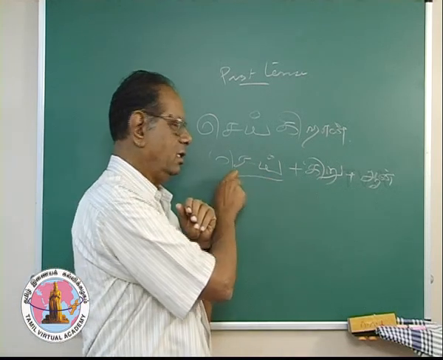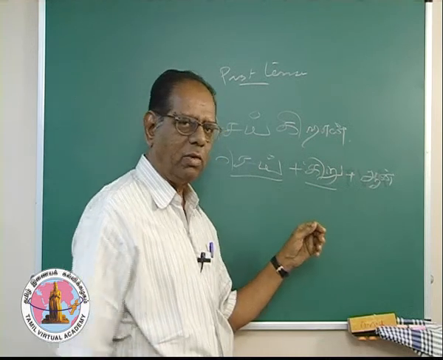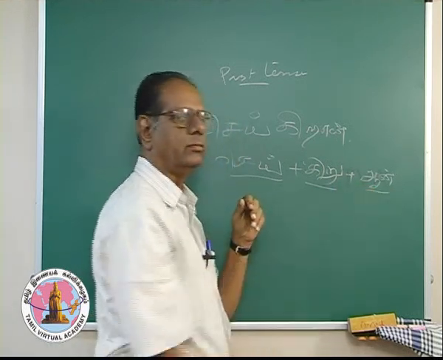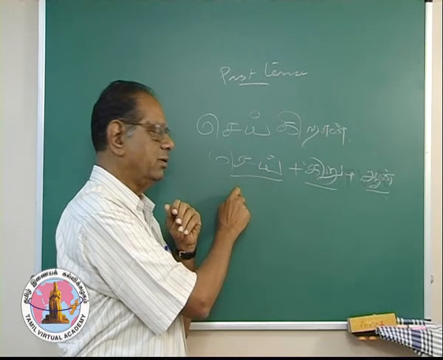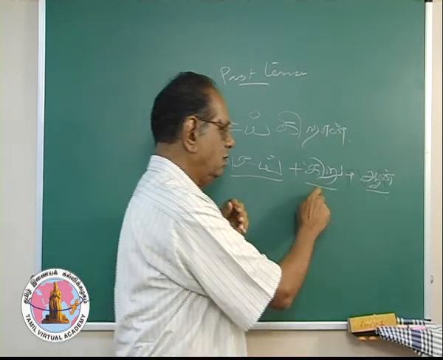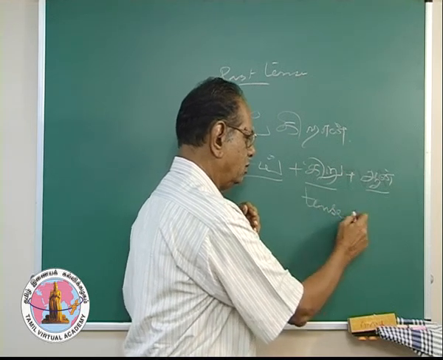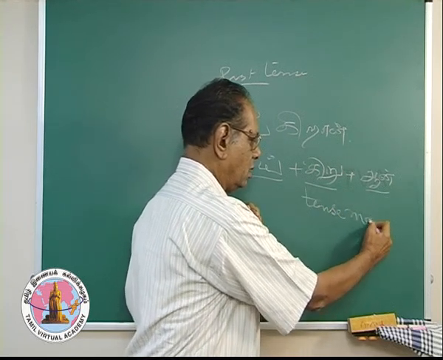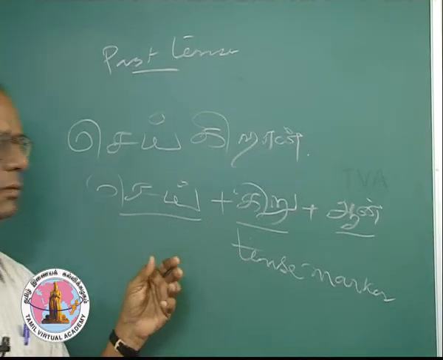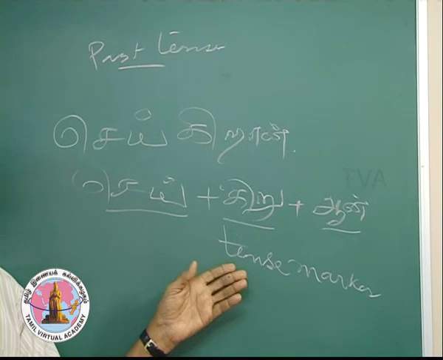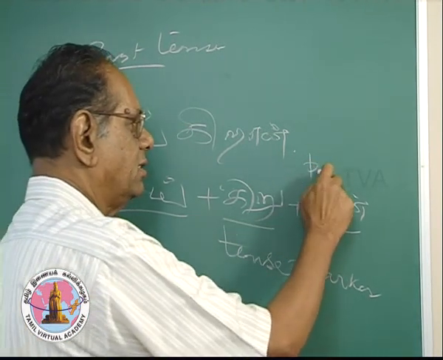Number one, செய், another, கிரு, and the third part, ஆன். This is the action part of the verb. This is the tense marker. You remember all these words? This indicates the present tense. ஆன் is the personal suffix.